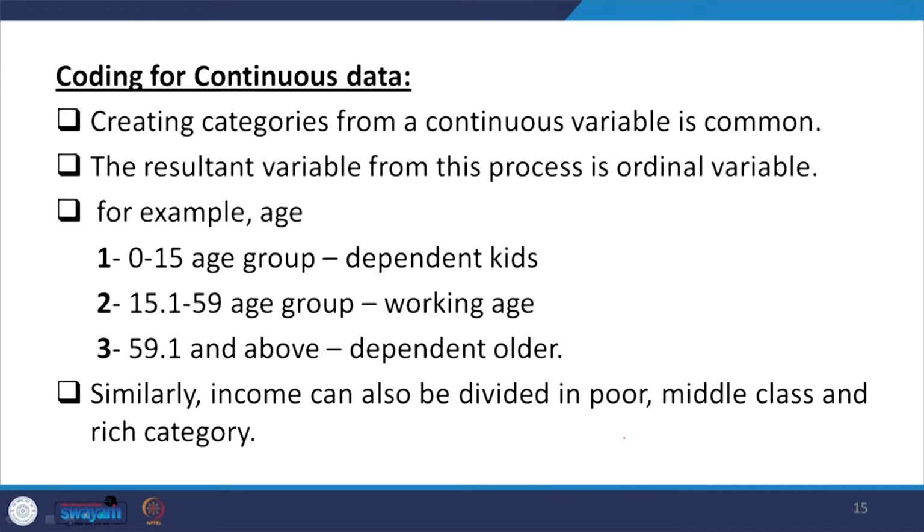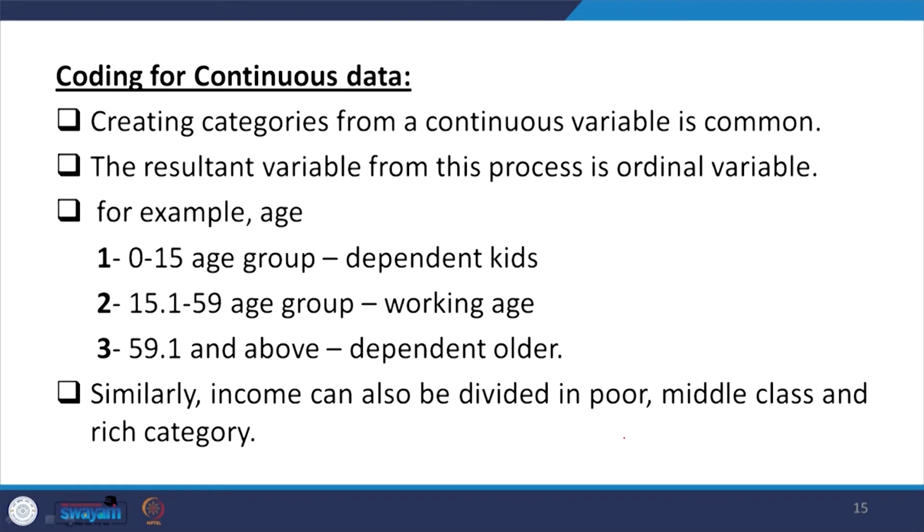In the case of continuous data, creating categories from a continuous variable is very common, because, like the expenditure of the person or the age of the person, we can categorize them into different groups. The standard of living of the person can be categorized into groups. Here, for example, our continuous data is the 0 to 15 age group, dependent kids, or working age group, and we can make them into different brackets.